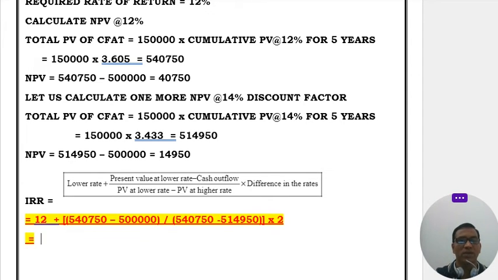So let us equal to 12 plus 540,750 minus 500,000 means 40,750, divided by 540,750 minus 514,950, that is 25,800, multiplied with the difference, which is 2.